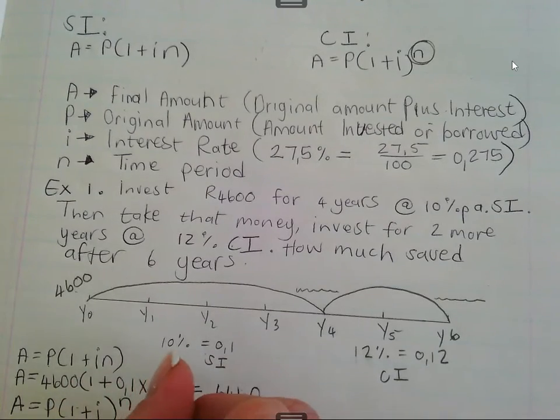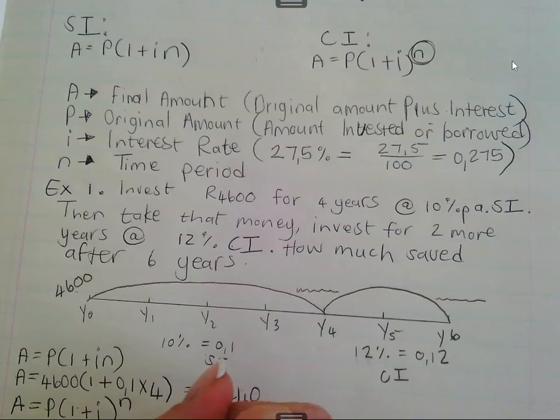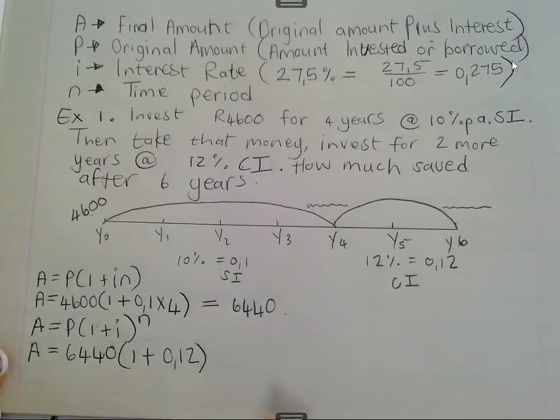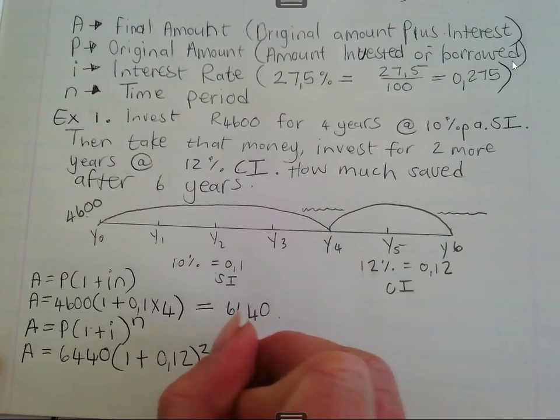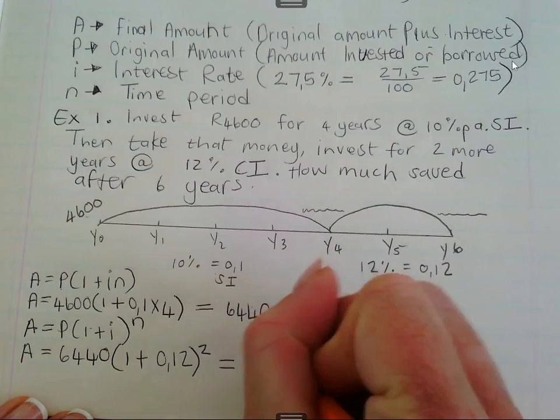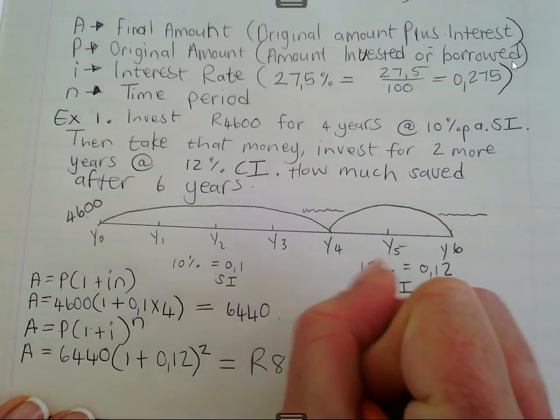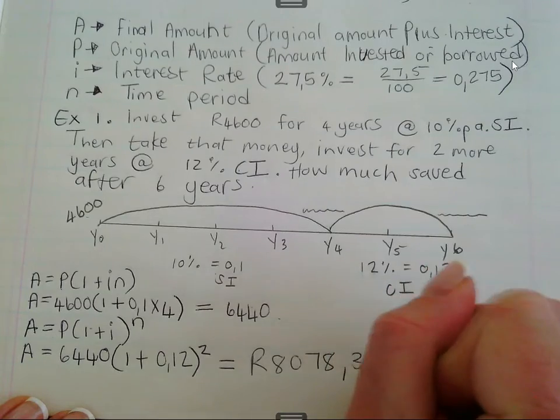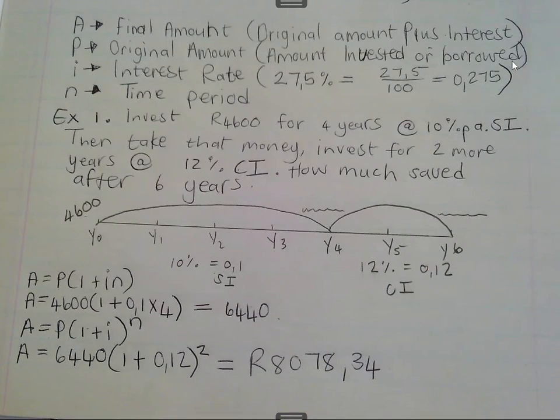The interest rate is 0,12. Close the bracket to the power of 2 for 2 years. And then you get an answer of 8,078,34. 2 consecutive investments.